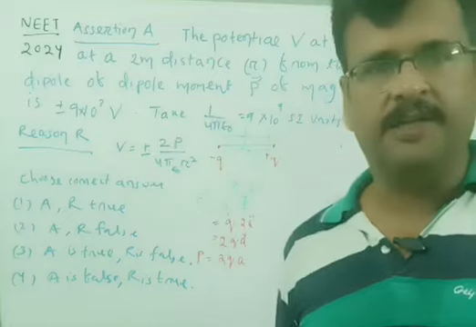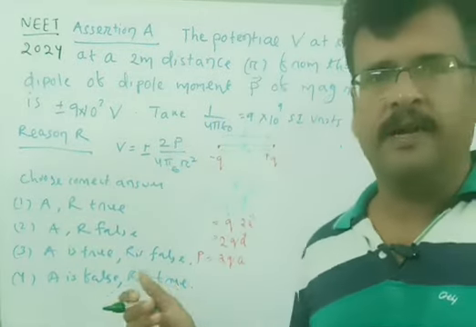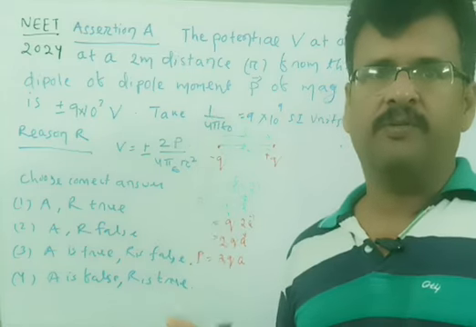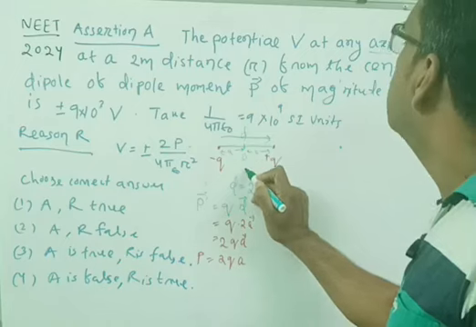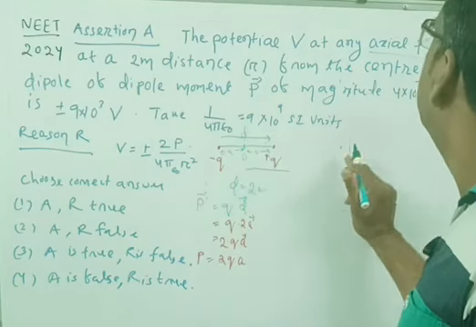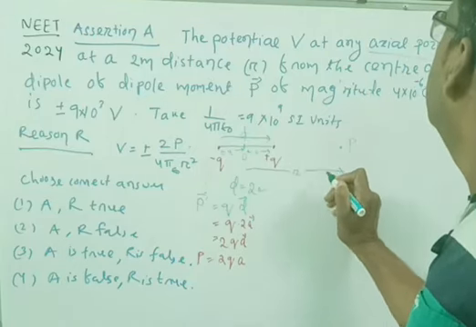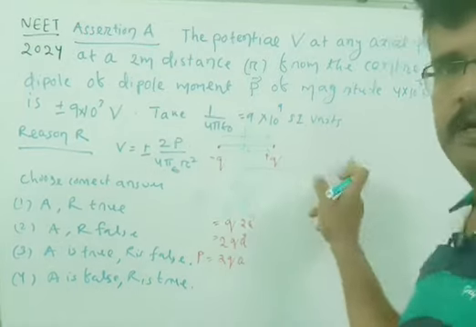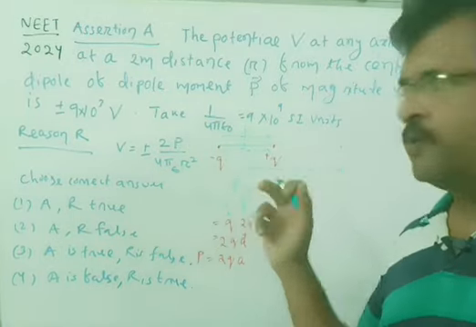We have already studied it in our theory course, but again, let me do it for you so that you can understand well. Okay, student, suppose this is the center of the dipole. Suppose the axial point is P, and let this distance be R, the distance of the reference point from the center of dipole. Okay, student.